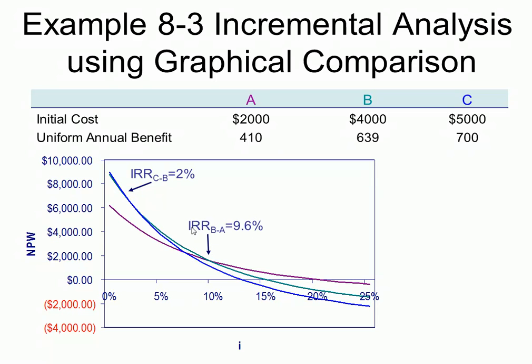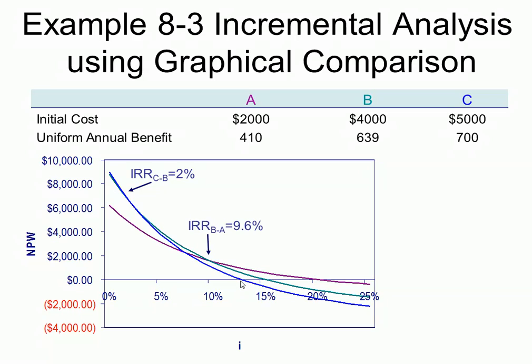That will give us the internal rate of return right here, represented by the intersection of the 2 curves. So the incremental rate is the intersection of 2 curves, while the internal rate of return for a specific alternative, for example, for this highest cost alternative, which is in blue, right?